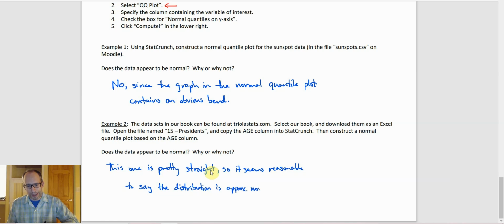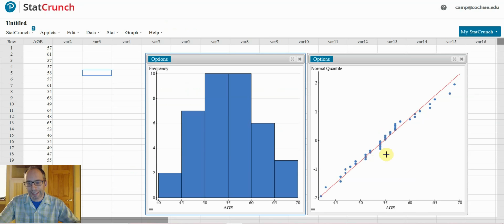Right, it looks like that makes sense. We had a normal probability plot that looked pretty straight, or normal quantile plot, whatever you want to call that. And then this thing looks great. So yeah, I think we're good, right? Like those, they look the way that they're supposed to look.